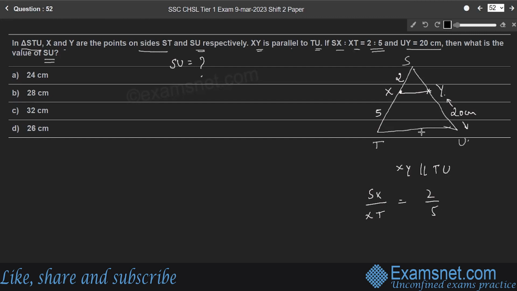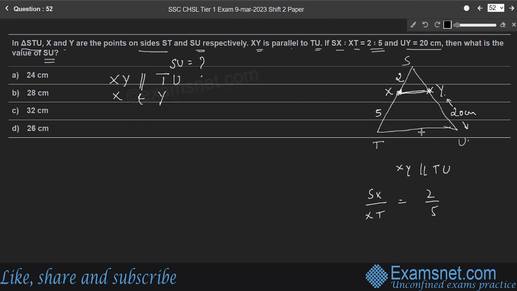A line joining 2 points on 2 different sides of a triangle, here the line is XY, when it is parallel to the third side, here the third side is TU, then these 2 points, X and Y, divide their respective sides in equal ratio.